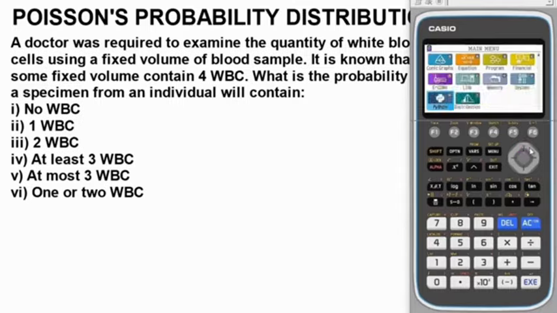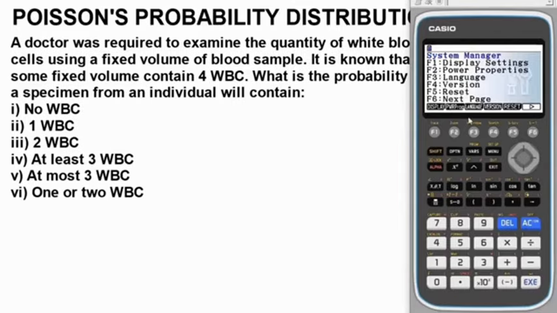So you navigate to system using this navigation button. Okay, so this is system. When you get here, you press execute. Execute for this calculator stands for equal to. Then press F5 for reset, then press F6 for next page. Then press F2 to initialize all, then F1, and it begins to initialize all as indicated here.